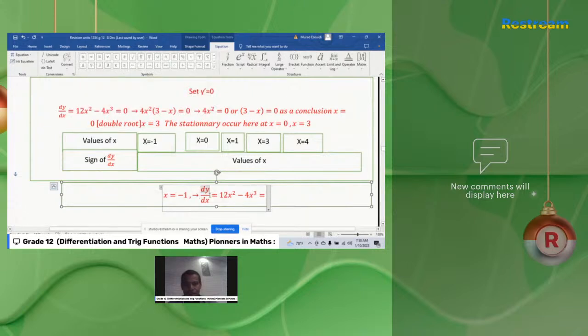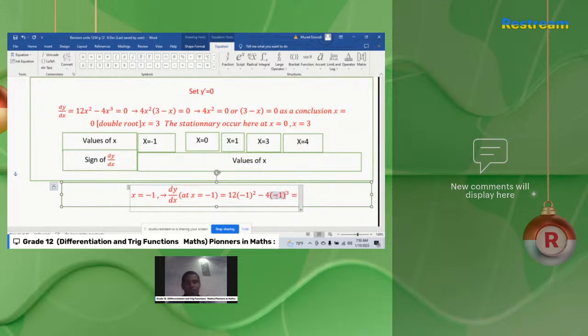So dy with respect to x at x equals negative 1 is equal to 12 multiplied by negative 1 squared, plus 4 multiplied by negative 1 to the power 3, negative.